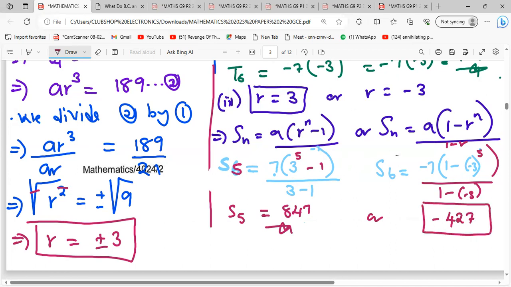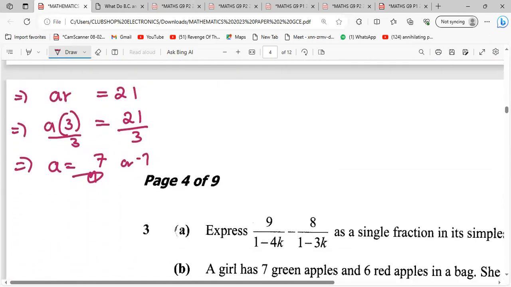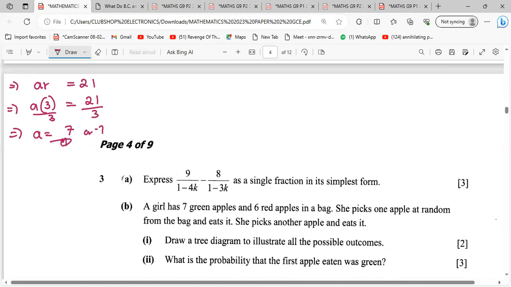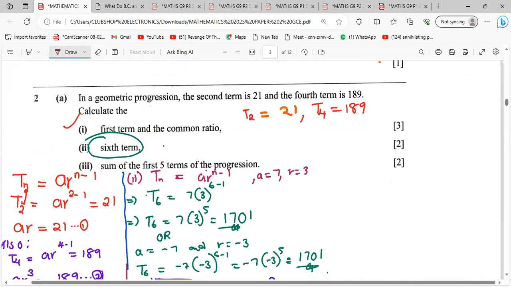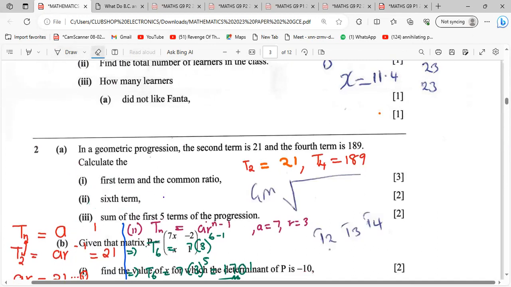These are the applicable answers. That's what you get. All right, so that's that. You can go to B. Let's go to B.